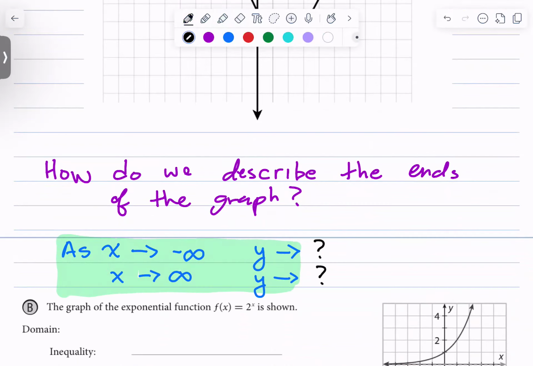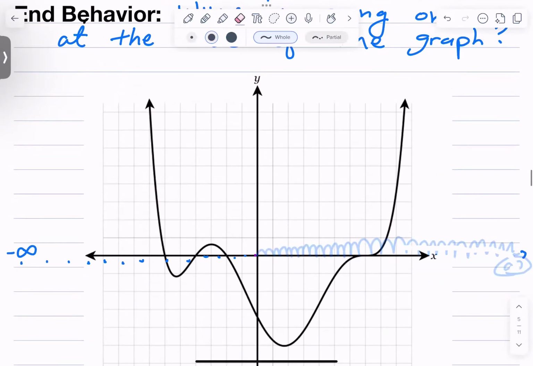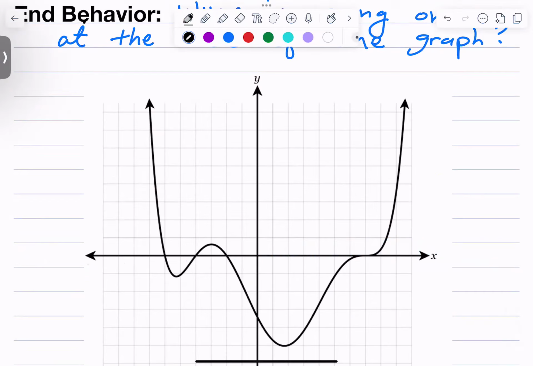Okay, so looking at this graph, I'm going to erase all those little markings. Here on this graph, as x approaches, as I keep going towards negative infinity, my graph goes up and up and up and keeps on going up, correct?